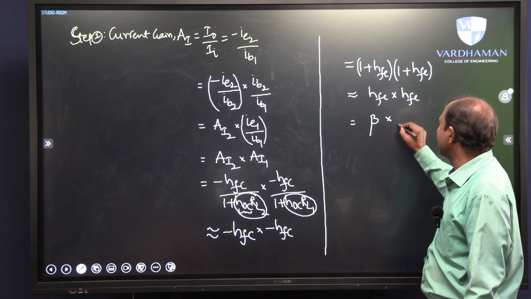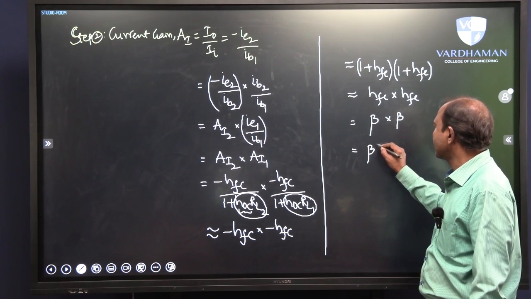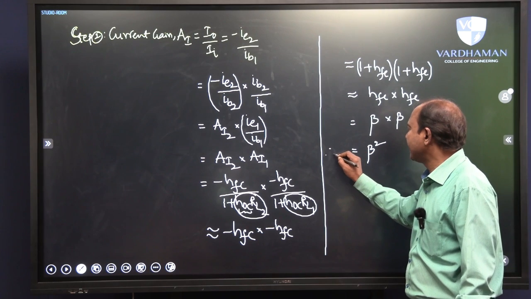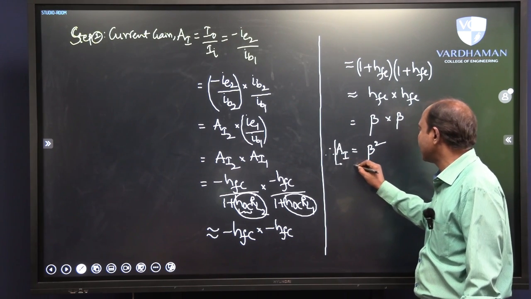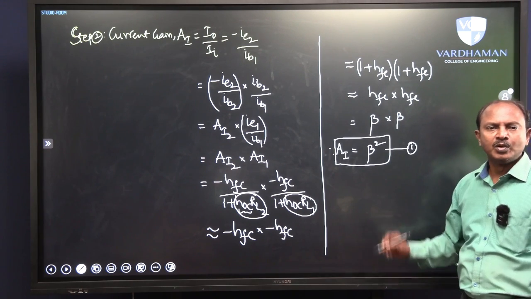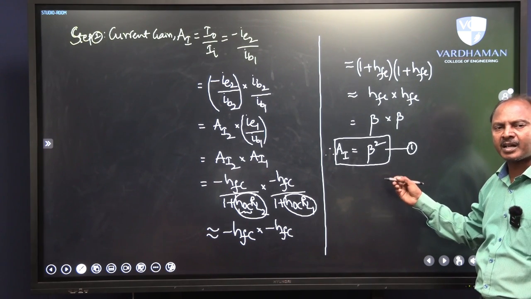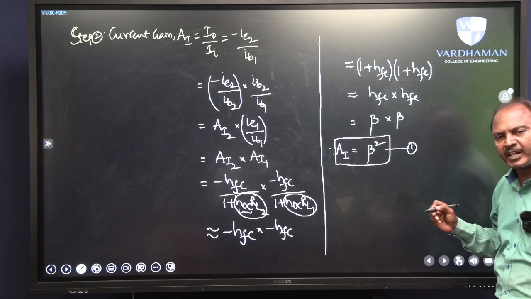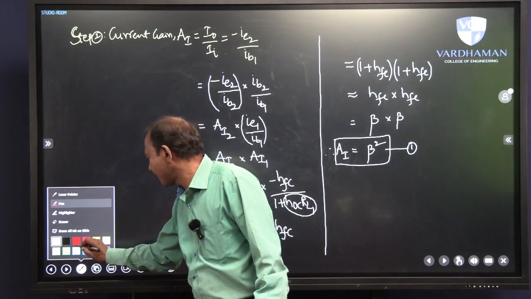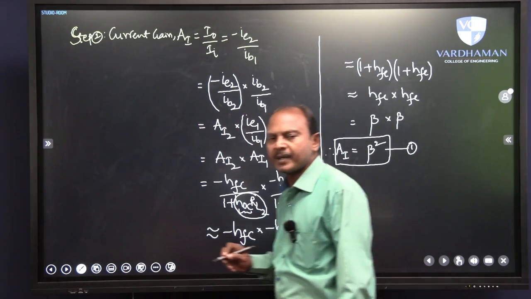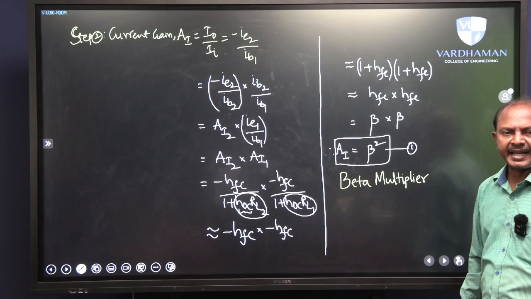So altogether, overall current gain is approximately equal to beta square in case of Darlington pair amplifier. Since overall current gain in Darlington pair amplifier is beta square or beta into beta, it is very familiar with the name beta multiplier. It is popular as beta multiplier. This is about overall current gain.